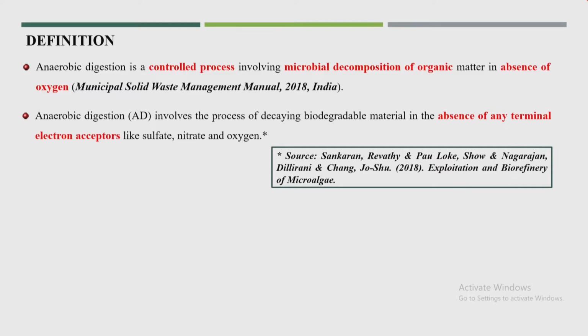But technically, anaerobic digestion involves the process of decaying organic matter in the absence of any terminal electron acceptor like sulphate, nitrate or oxygen. In this case the major electron acceptor is oxygen, so we can say it is the absence of oxygen.